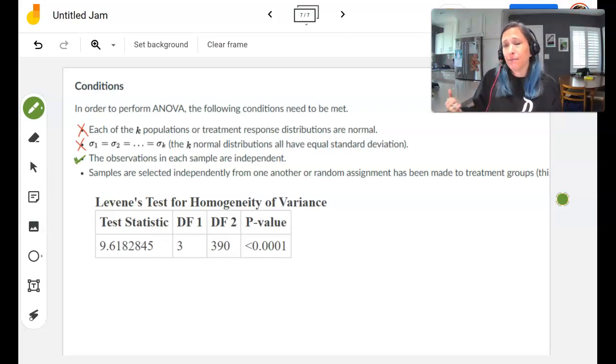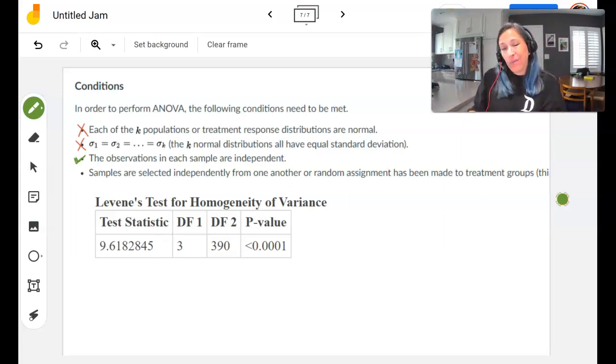We tend to end up violating this in most of the analyses we will do in our projects, because we start with one sample and then we just divide based on some categorical variable. It wasn't as though we took a random sample of, say, people who identified as female and people who identified as male. We instead took a random sample of people and then asked them that question.